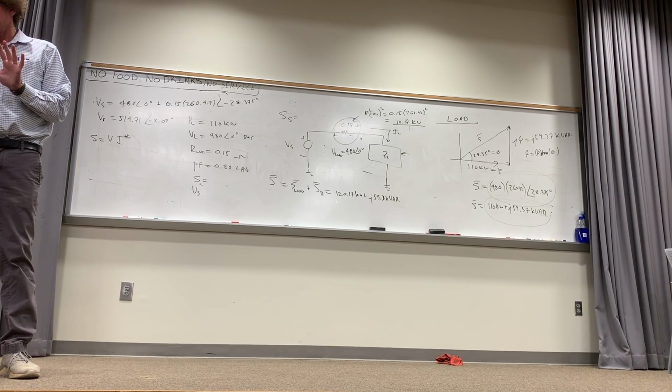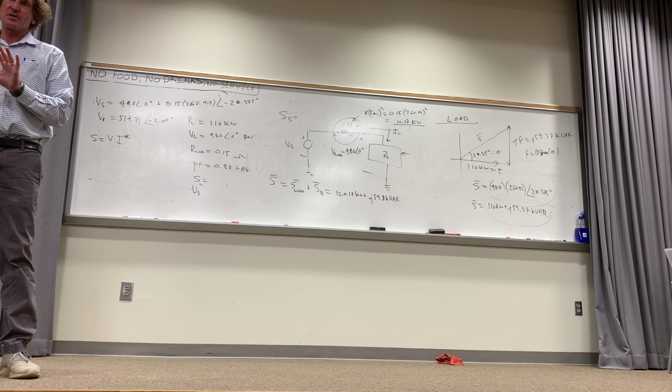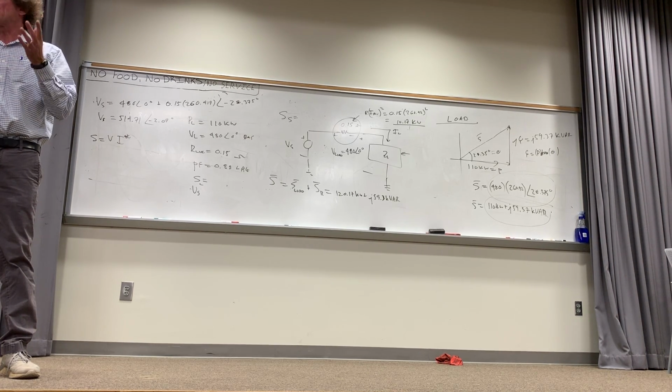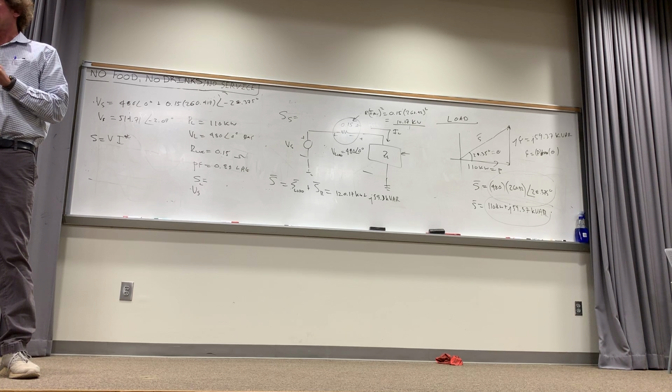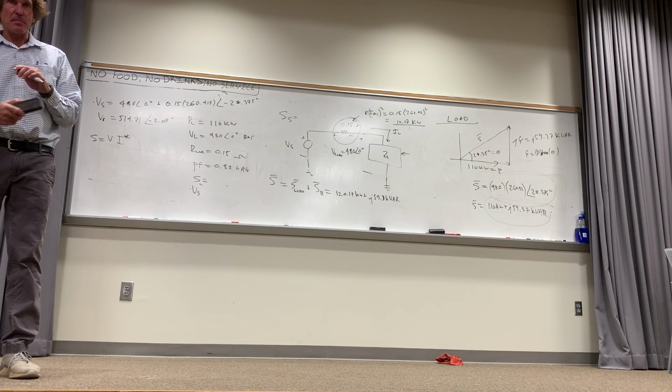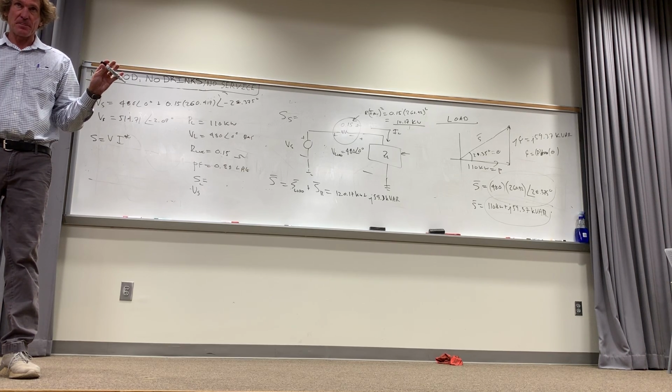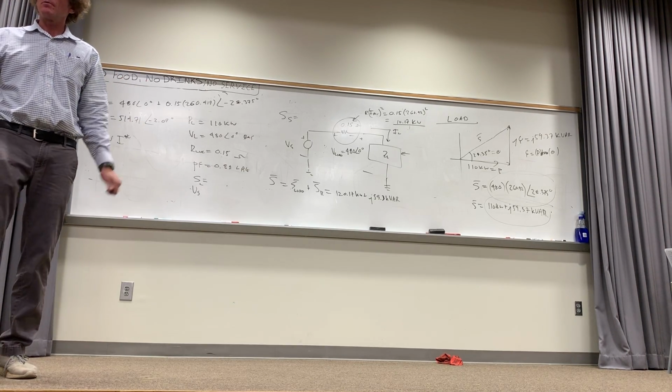Watts are dissipated. Resistors dissipate power. The units of the power are always watts or kilowatts associated with the resistor. Anytime you see a plus J something kVAR, that is never dissipated. That's associated with the reactive power in an inductor or in a capacitor. Got it, everyone? All right.